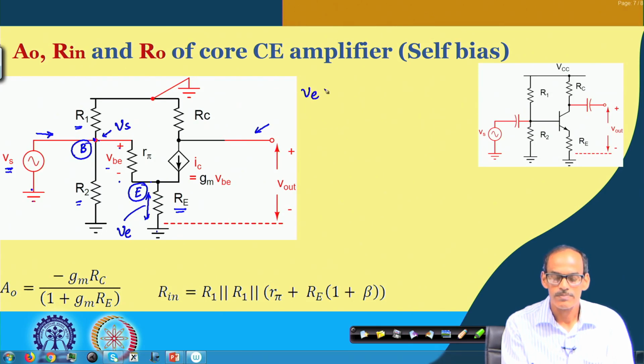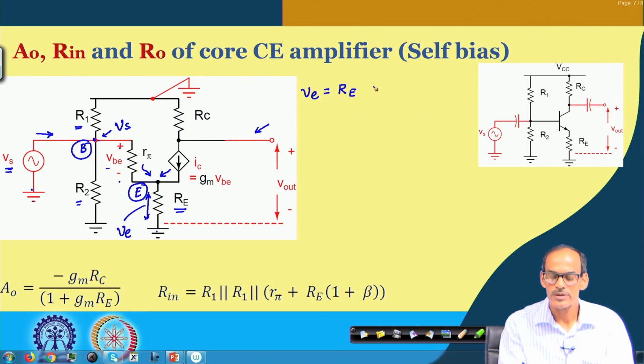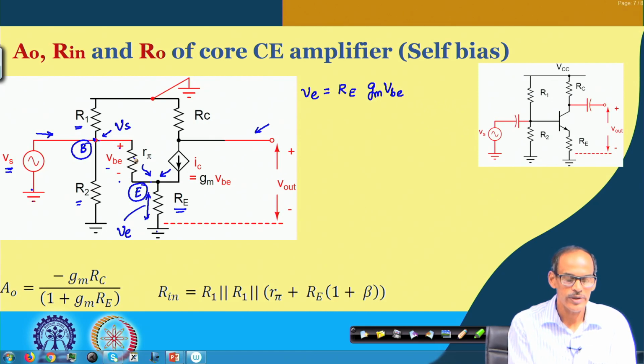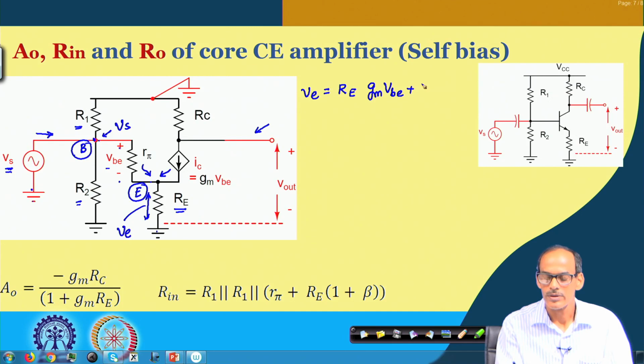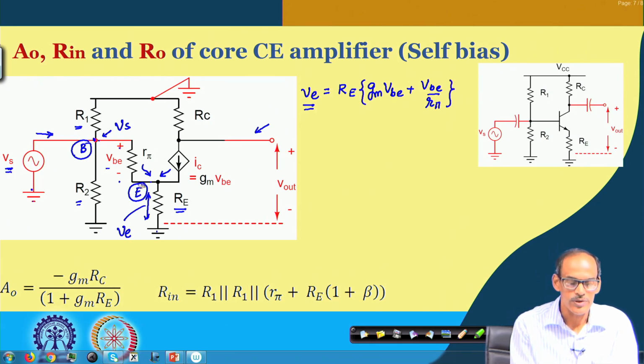Ve equals this RE multiplied by the current, and there are two parts of the current flowing through this RE. One is IC, which is gm into VBE, and then another one is VBE divided by r pi. So, these two together give us the emitter voltage here.